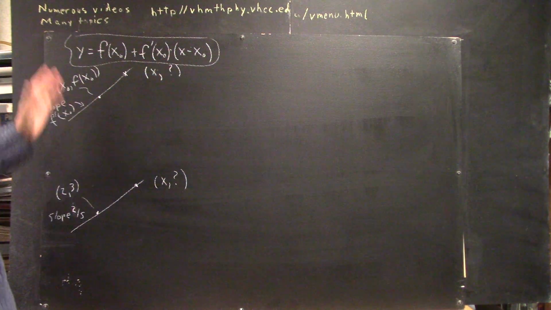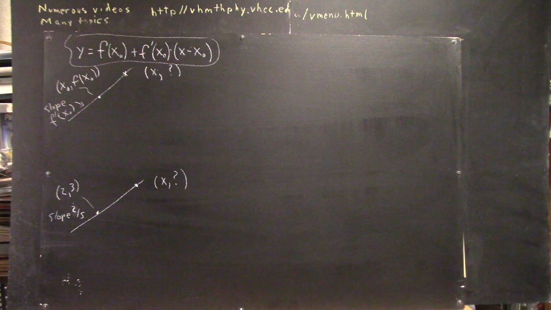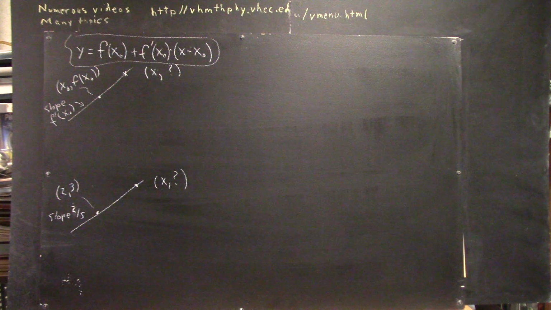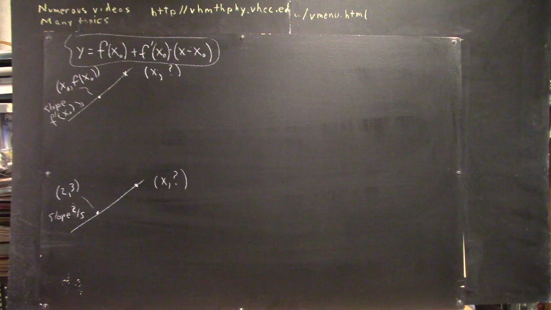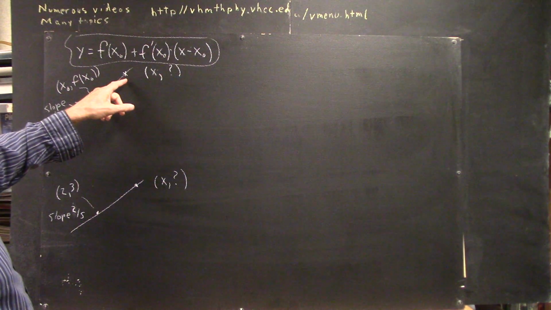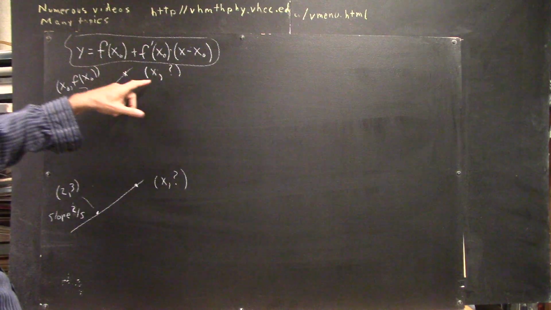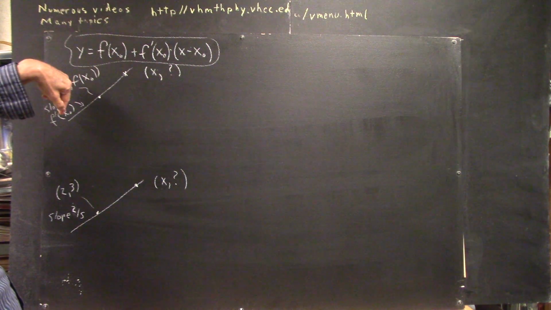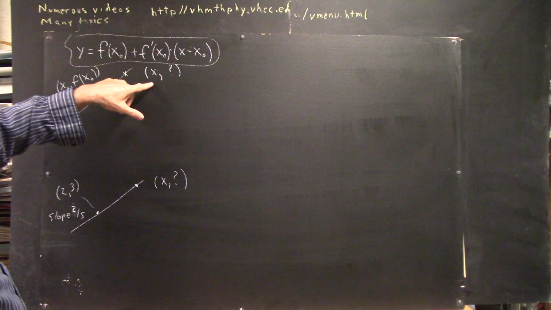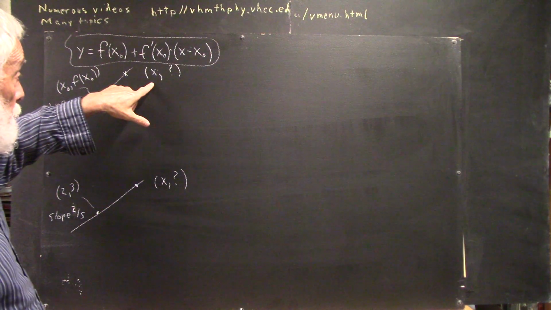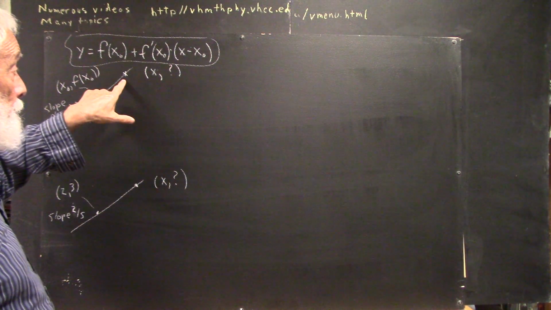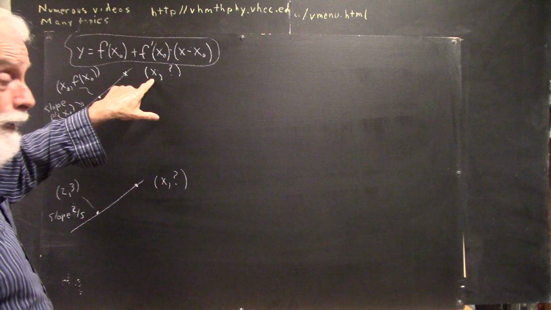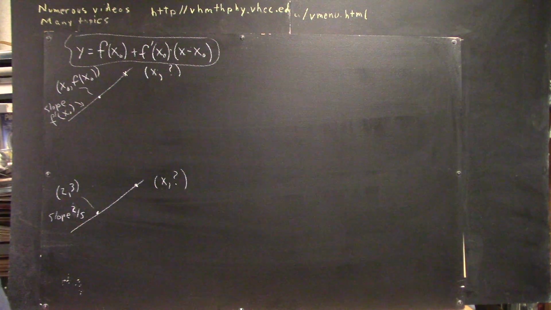Now, let's see what this form tells us. I want to come down here before I do this in symbols. What I'm after is the coordinates of the point on the tangent line where the x-coordinate is just x, variable x. So the y-coordinate of this line is a function of whatever the x-coordinate happens to be.